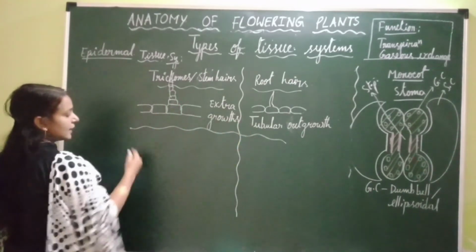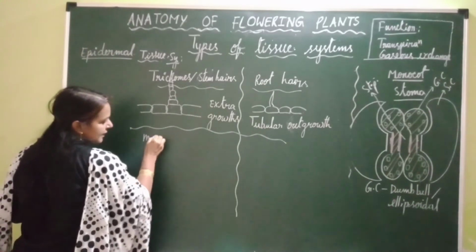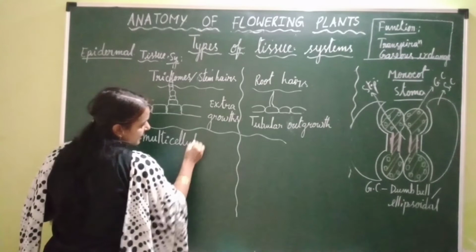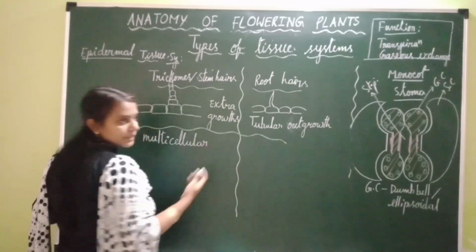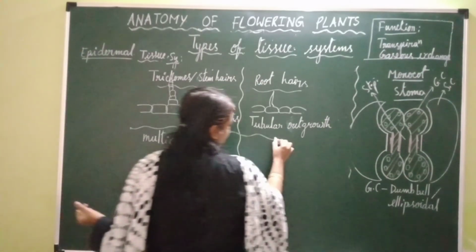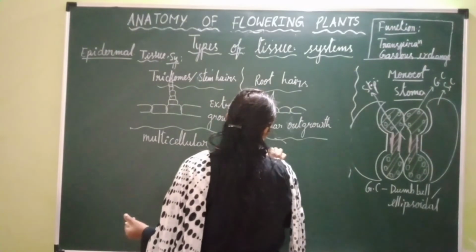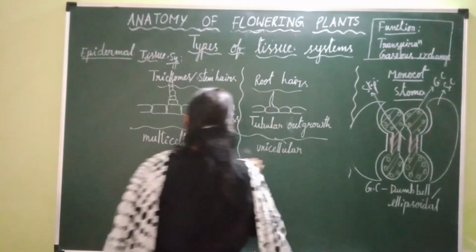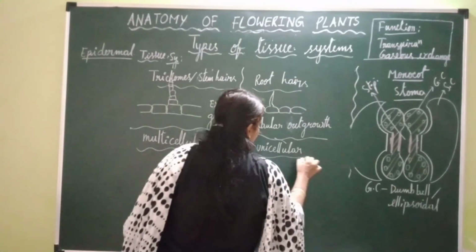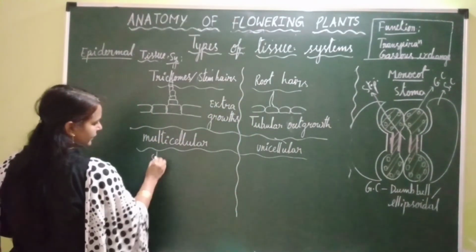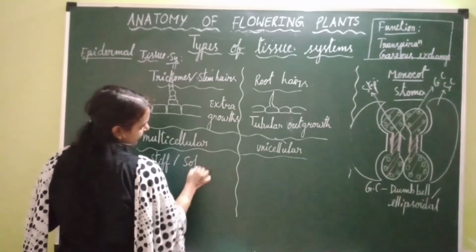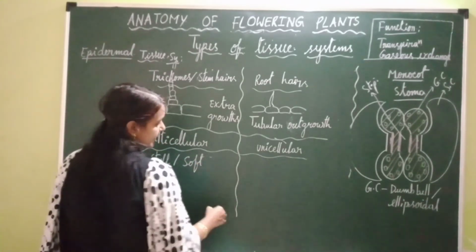And hence, these trichomes are multicellular, whereas root hairs are unicellular, because these are elongations of epidermal cells only. Hence, these are unicellular. Now, these trichomes can be either stiff or soft, but root hairs are always soft.